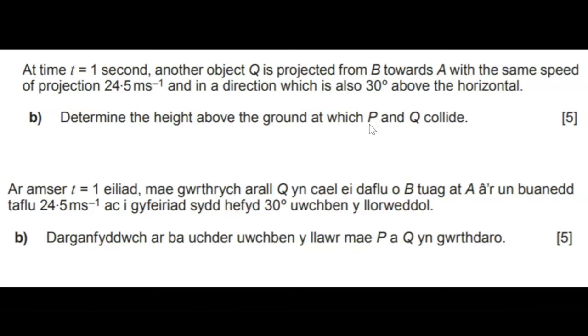The first particle is projected from A with a speed of 24.5 meters per second at an angle of 30 degrees to the horizontal, and the second object is projected at the same speed and in the same direction from B to A, so they should meet. It is the same path, so we can investigate what is happening now.